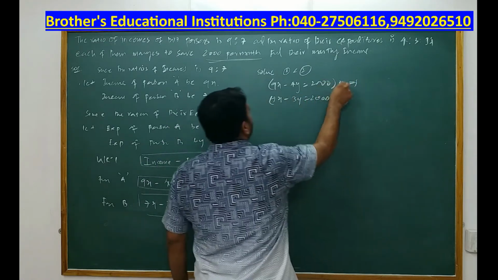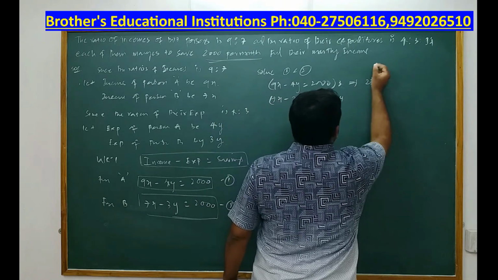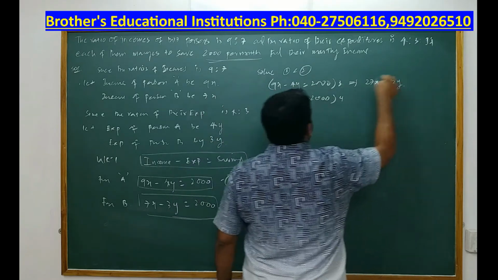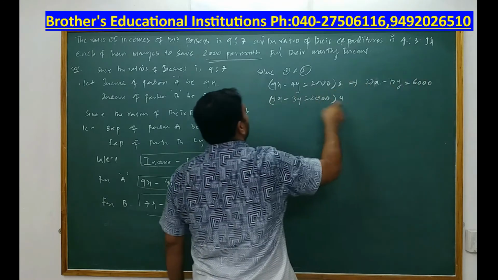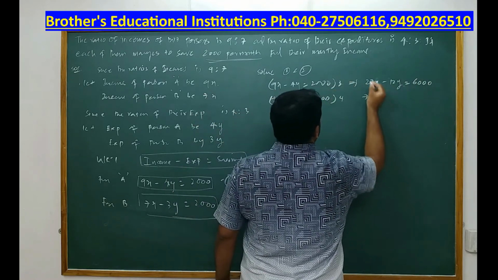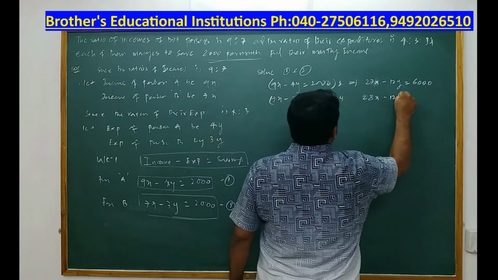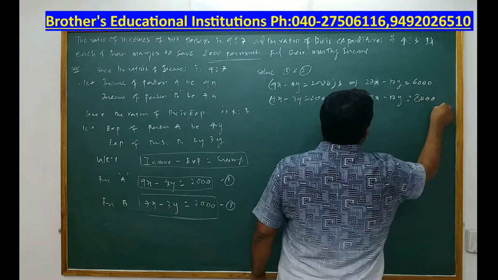There you go. 9 3s are 27x minus 4 3s are 12y is equal to 3 2s are 6000. 4 7s are 28x minus 4 3s are 12y is equal to 4 2s are 8000.